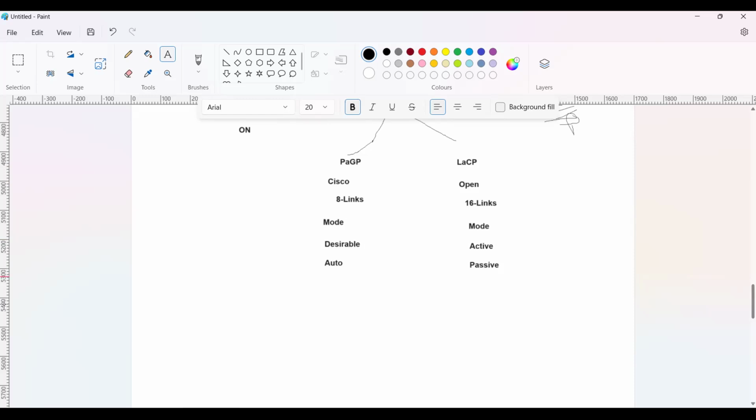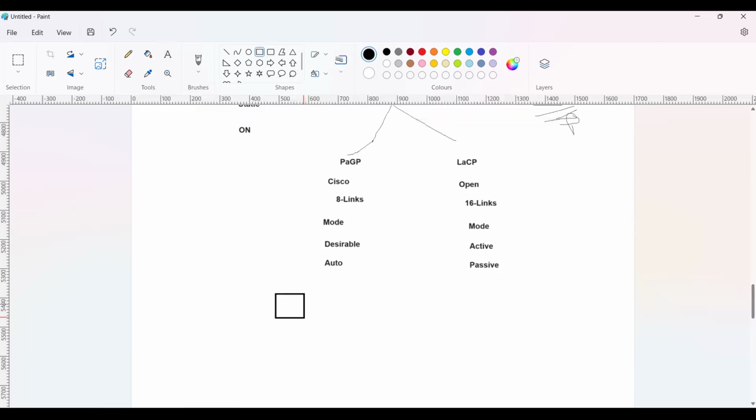So now listen properly. We have 2 switches, and they are connected with 4 links.